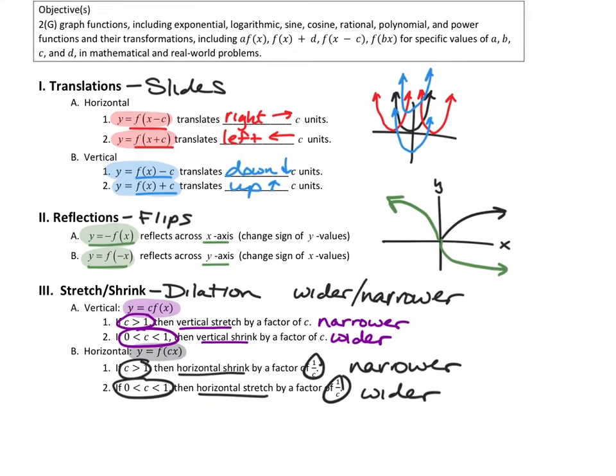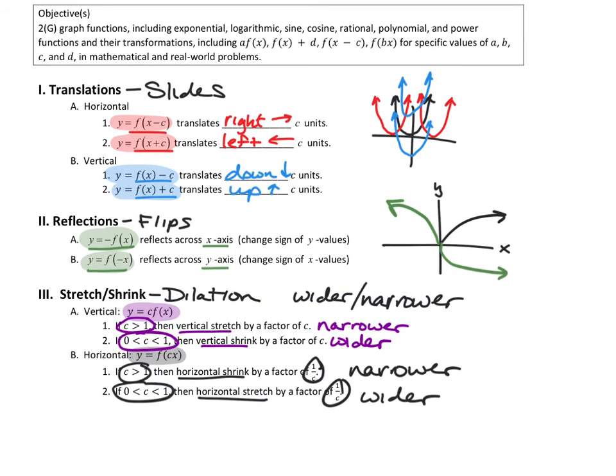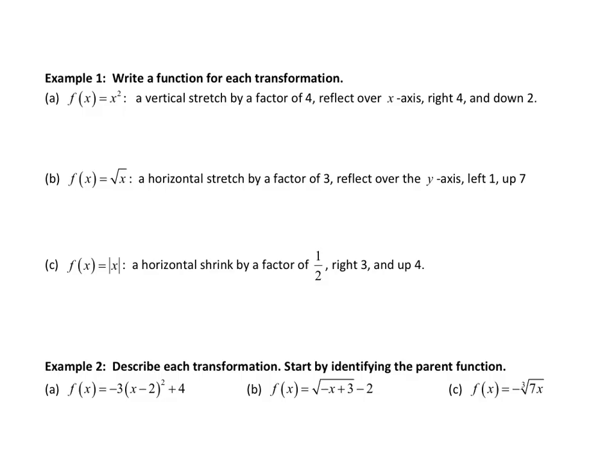That's your transformation vocabulary. You're probably pretty familiar with the vocabulary, but I need us to get familiar with what I've highlighted, which is the transformation formulas. Some things we might have you do with these transformations is that we might have you write a function for each transformation. The first thing that I recommend doing is making sure you know what parent function you're working with.